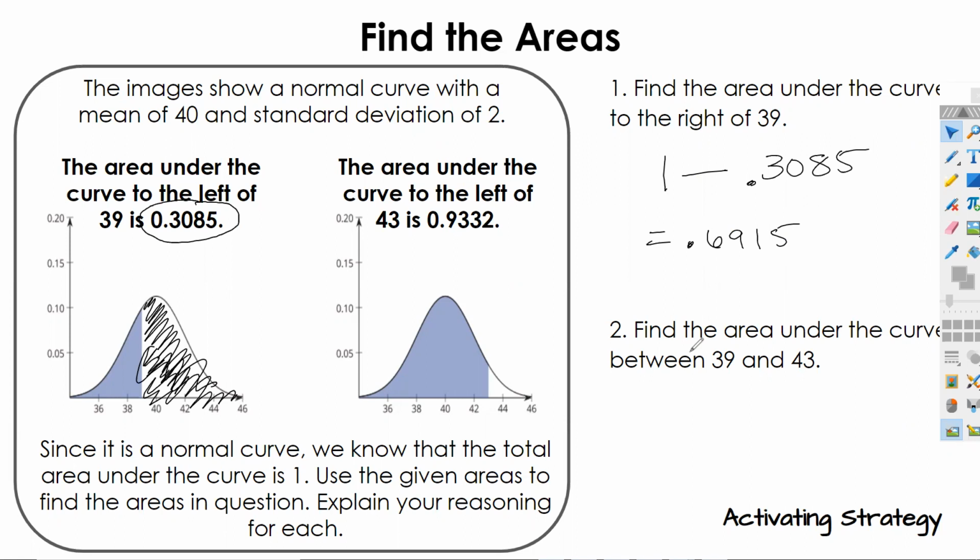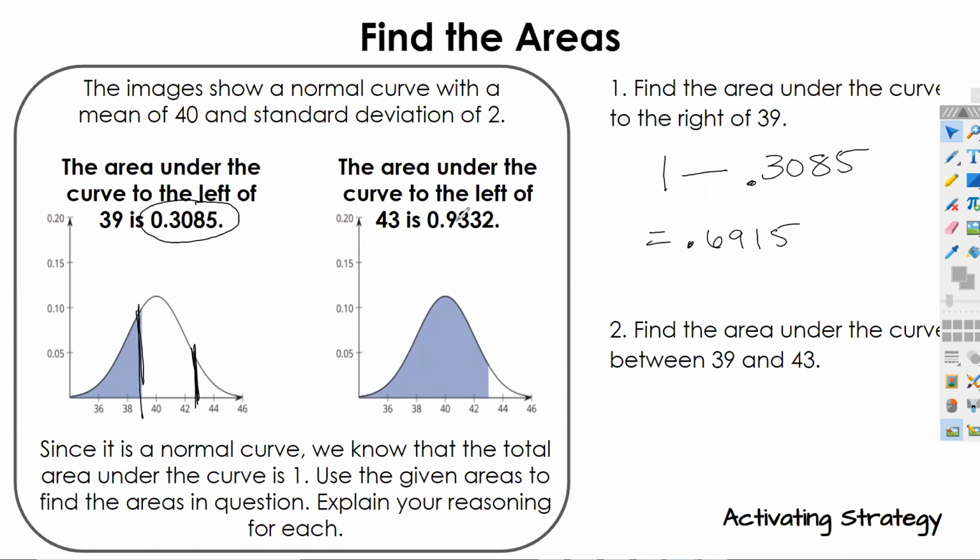Now, question number 2 asks, find the area under the curve between 39 and 43. So looking at this again, we're going from 39 to 43. Well, we're going to have to use this part too, right? And we want to find between it.